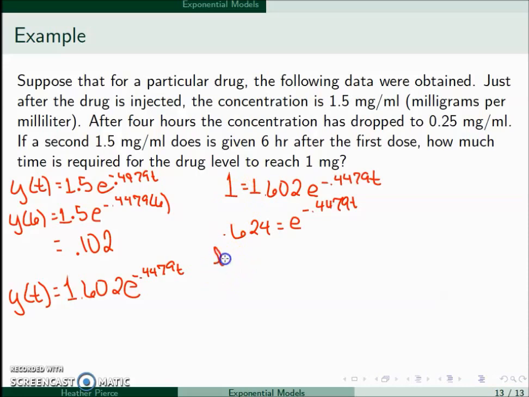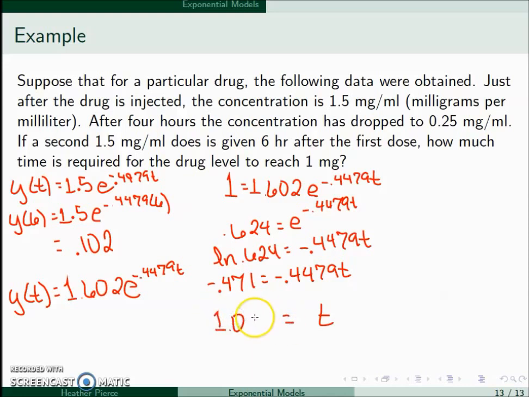We'll take the natural log of both sides to get rid of the e. So the natural log of 0.624 is negative 0.471. And then we'll divide by the negative 0.4479 to get 1.05.